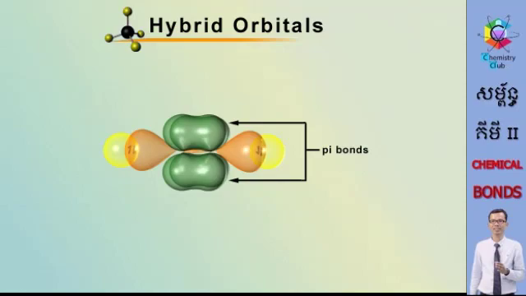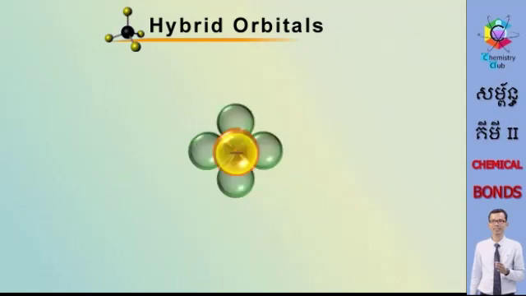In this case, two pi bonds are created, one for each pair of p orbitals. The two pi bonds created are on planes that are perpendicular to each other along the line of the sigma bond. One example of a molecule that has sp hybridized atoms and two pi bonds is acetylene. In acetylene, two carbon atoms are triple bonded to each other, and each is bonded to a hydrogen atom.